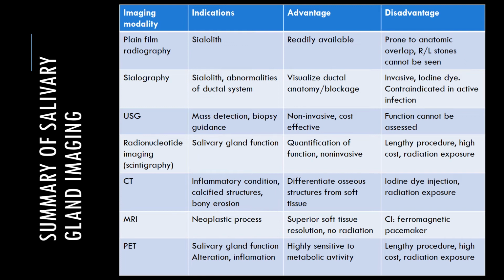Radionuclide imaging, on the other hand, for example scintigraphy, can be useful for salivary gland function assessment. The advantages are the quantification of function, and it is a method which is non-invasive within the gland itself. Whereas disadvantages are lengthy procedures, high cost involved, and radiation exposure as well.